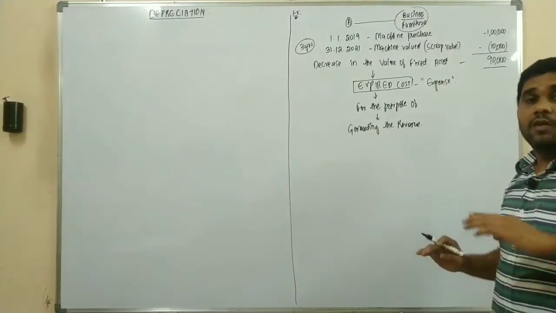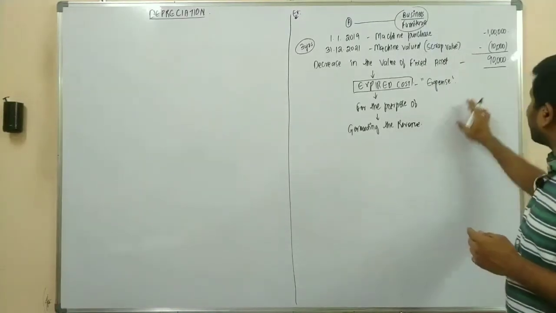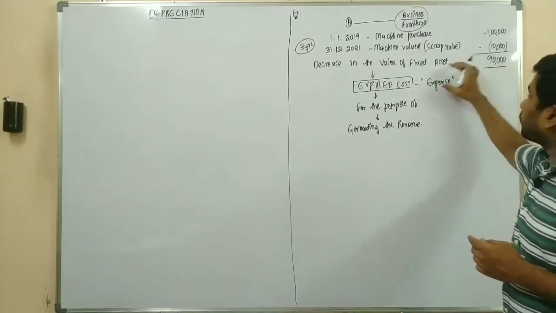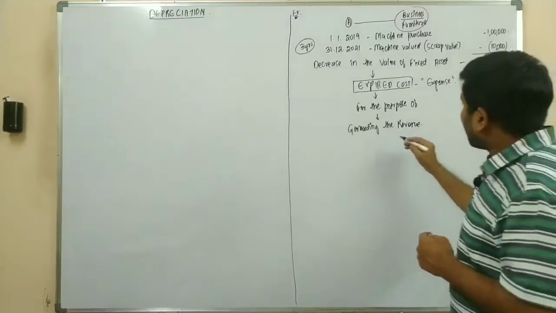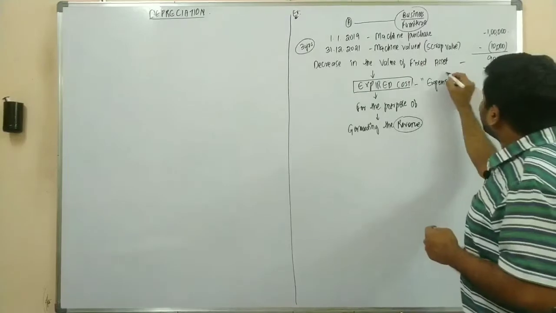Yes or no? That means for the purpose of conversion of that wood into furniture, you have incurred 90,000 worth of expense.